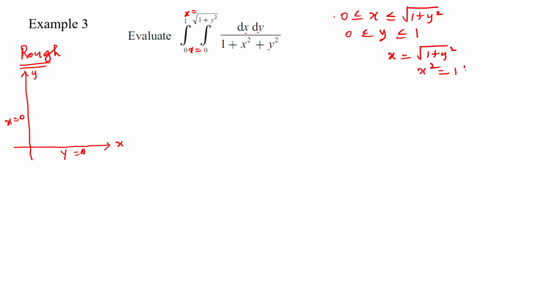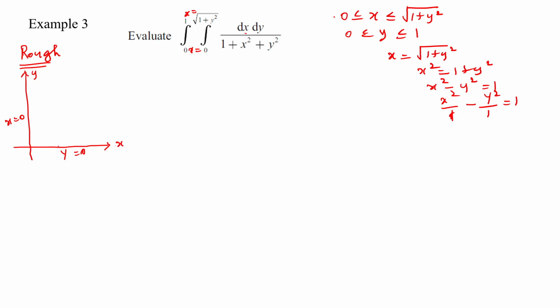X square equal to 1 plus y square, so x square minus y square equal to 1. It is like x square by a square minus y square by b square equal to 1, with a and b equal to 1. So that means it is a hyperbola, and it is on the positive side.